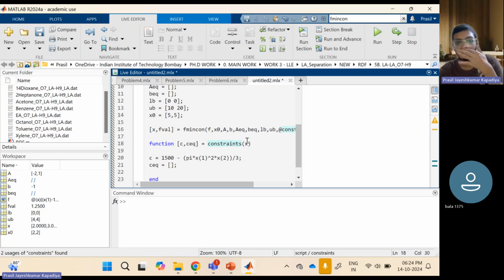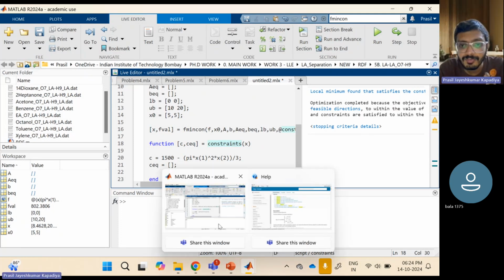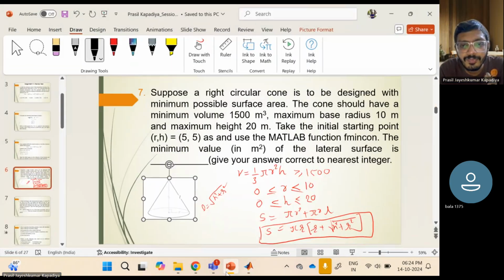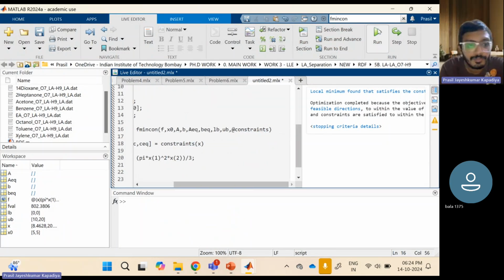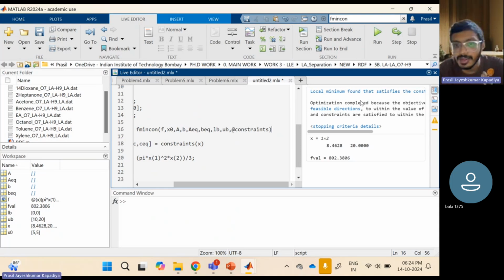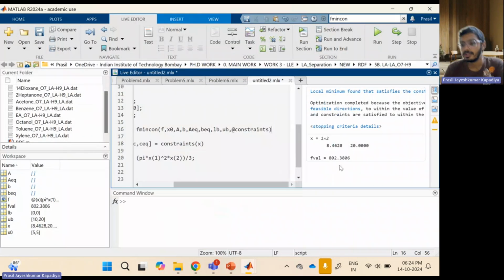See here, this color has changed. So if I run this thing, okay, so what do we do? It is supposed to find fval equal to 802.3806. What is asked of us? The surface value, so that is coming out to be 802.3806 meters square.